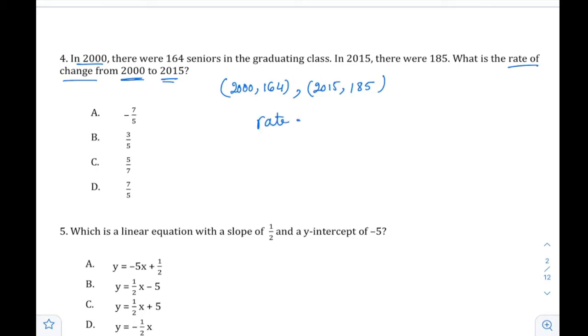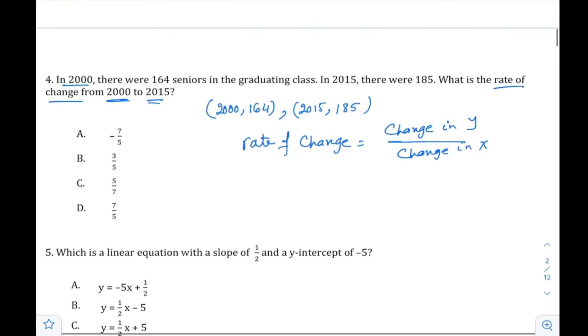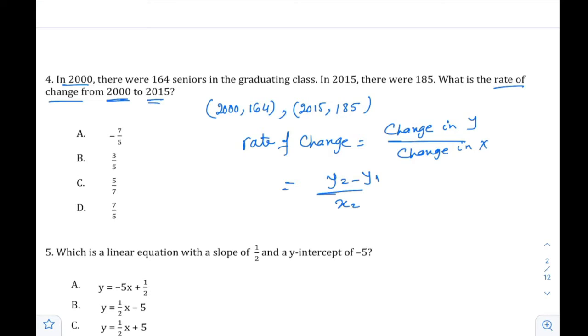Rate of change is the change in y over change in x. And you can apply also the slope formula, which is y2 minus y1 over x2 minus x1.